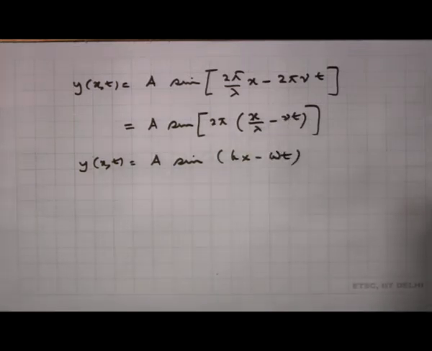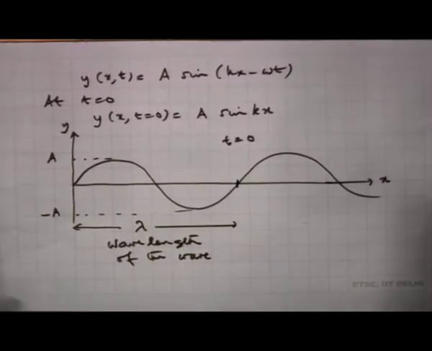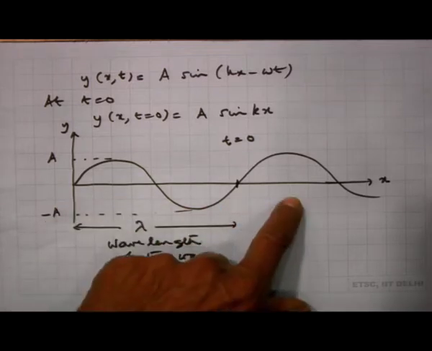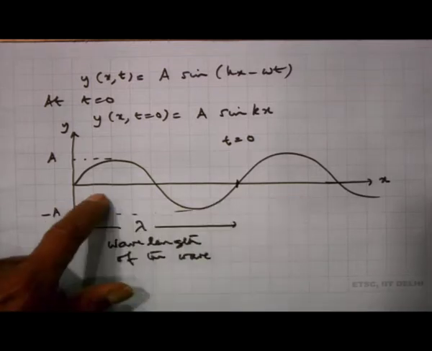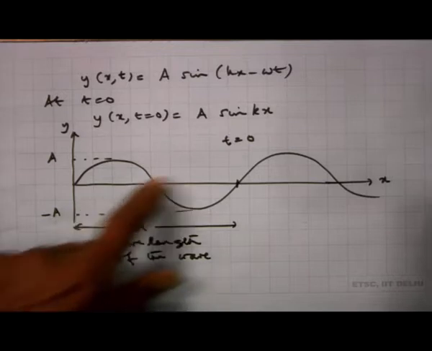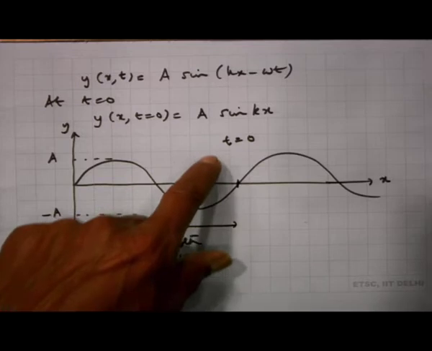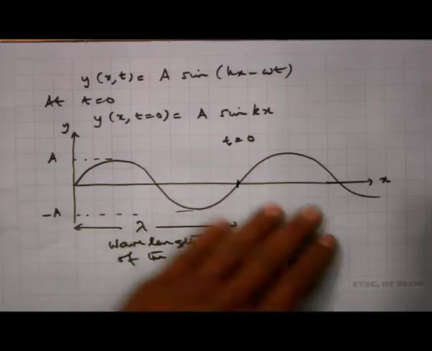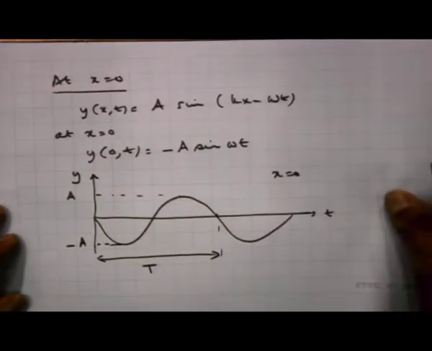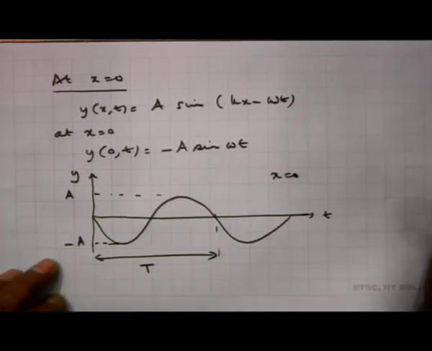So, please differentiate between these two figures, one showing the shape of the string at a given time as a function of x. This is a snapshot of the string at any instant of time, how the shape of the string will look at a given instant of time, and this other figure which is how the string at any point moves.